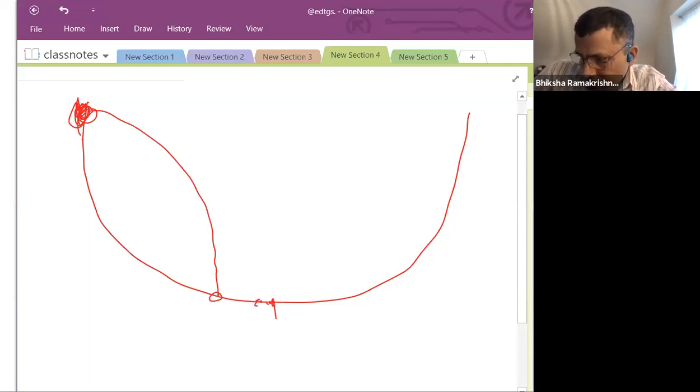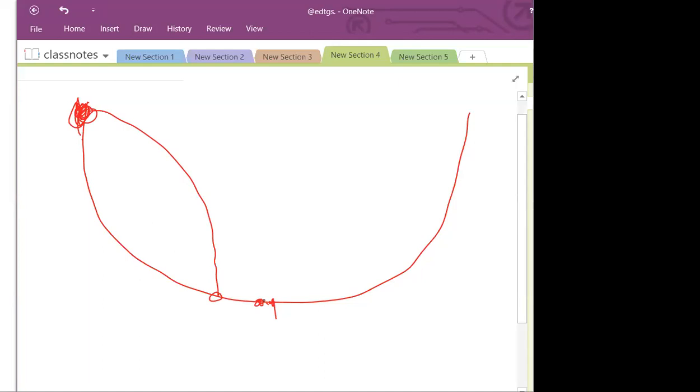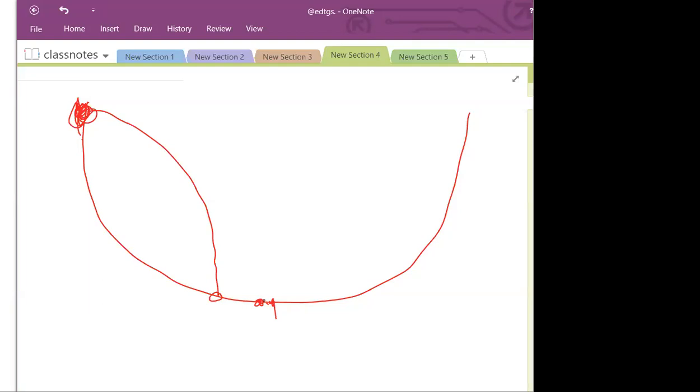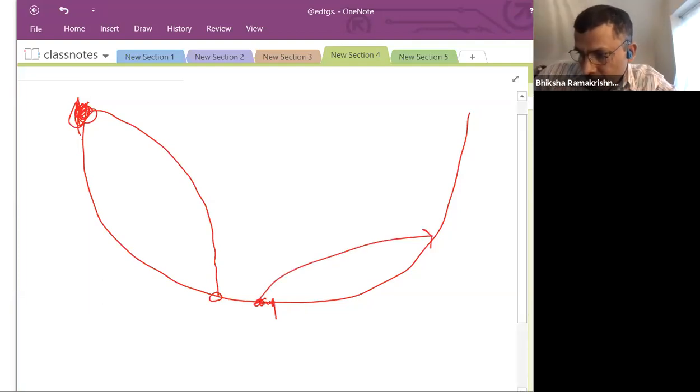Out here, is the magnitude of the derivative going to be large or small? Small. What would happen if you took a large step? You're going to miss it. You're going to go boom out here, right? So when the derivative is small, you want the step to be small.